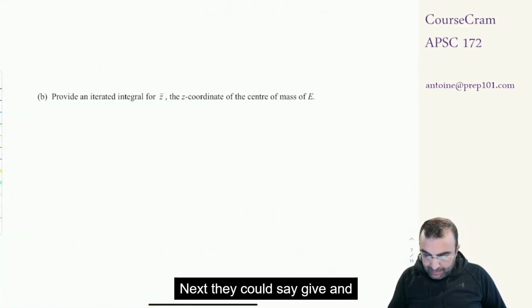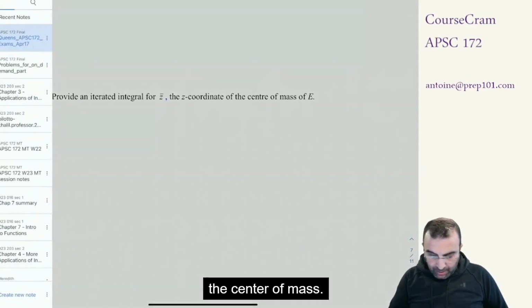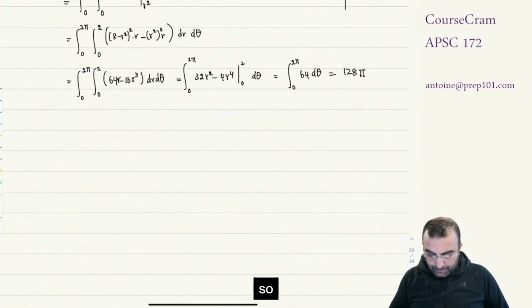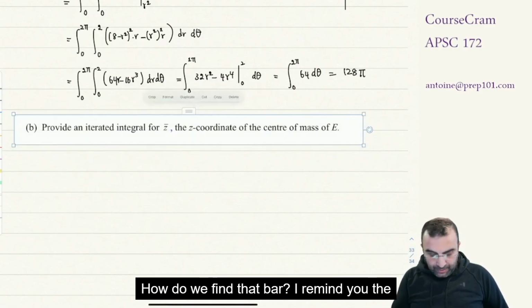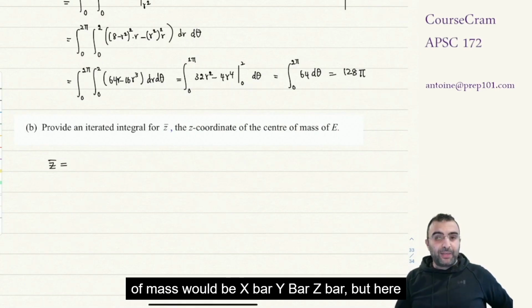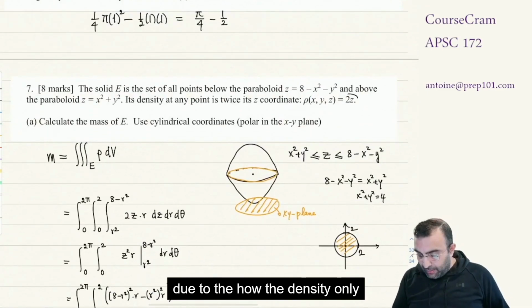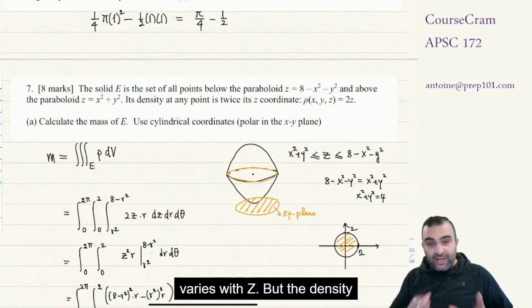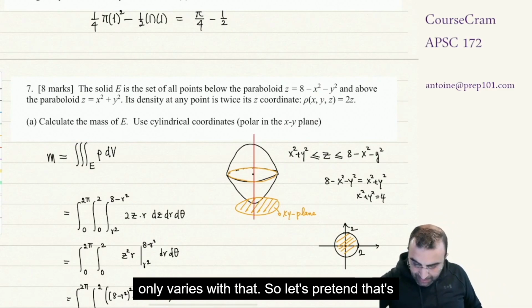Next, they say give an iterated integral for z bar, the center of mass. So how do we find z bar? I remind you the formulas are very simple. The center of mass would be x bar, y bar, z bar. But here, the density only varies with z.